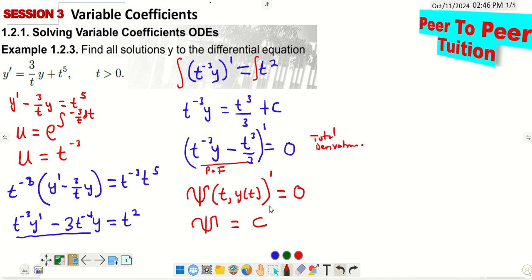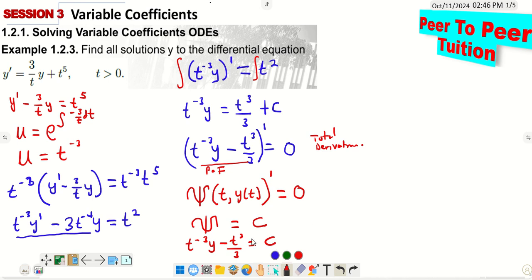So let us find that potential function. The potential function is what is inside the bracket. So we can say that t negative 3 y minus t cubed over 3 should be equal to a constant.